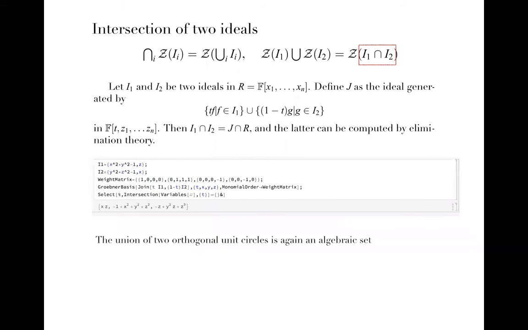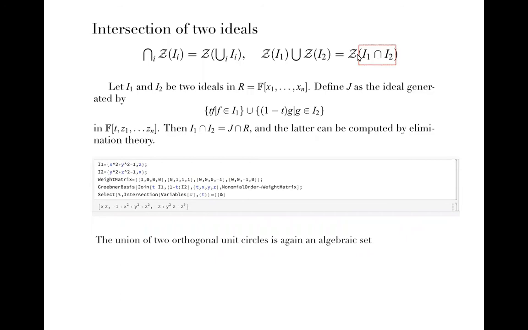Sometimes we also want to calculate the intersection of two ideals. From algebraic geometry, the union of two varieties corresponds to the intersection of two ideals.